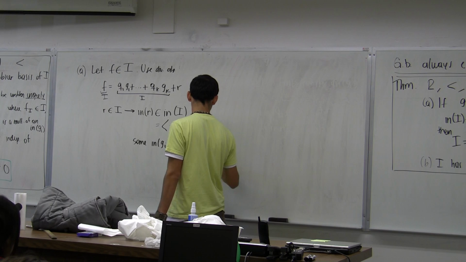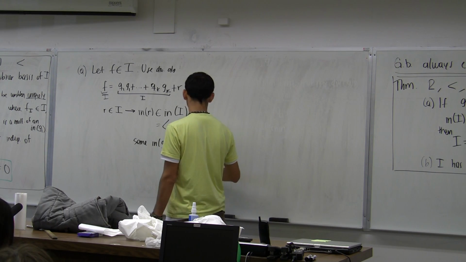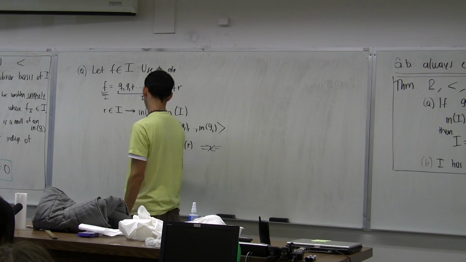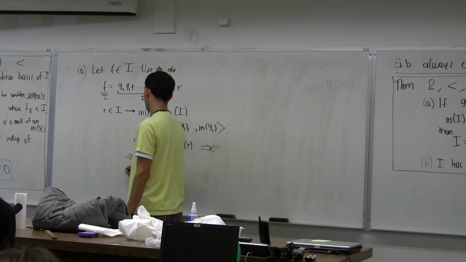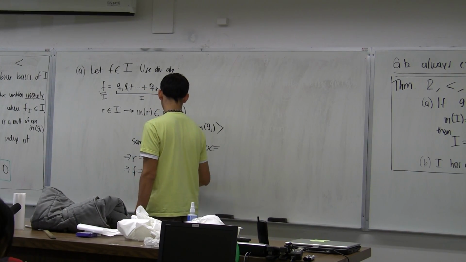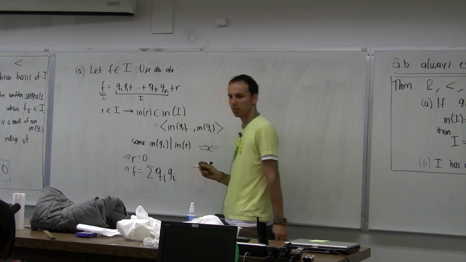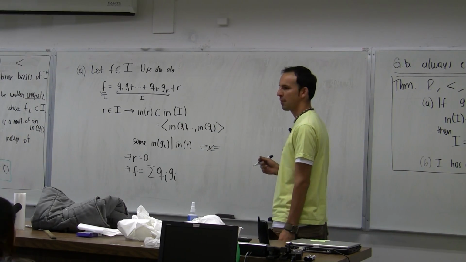This is a contradiction. So R is equal to 0, and therefore F is generated by the gi's.